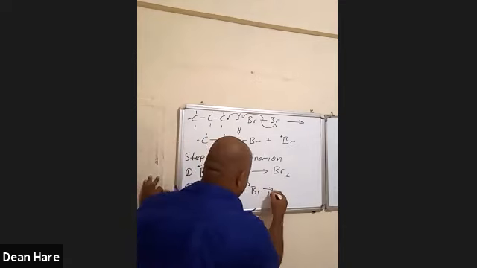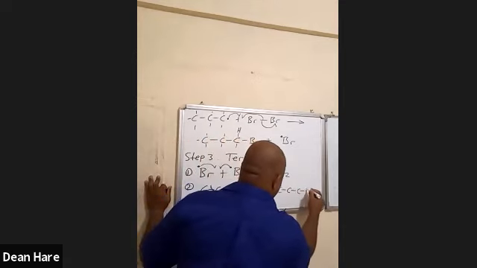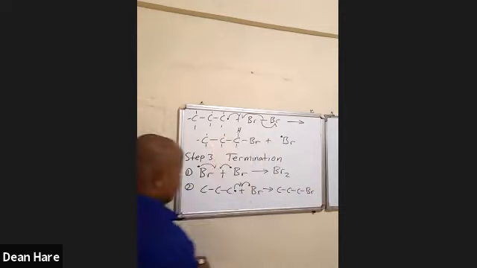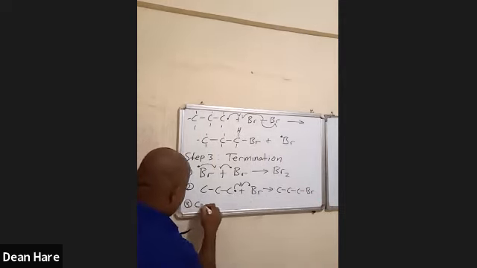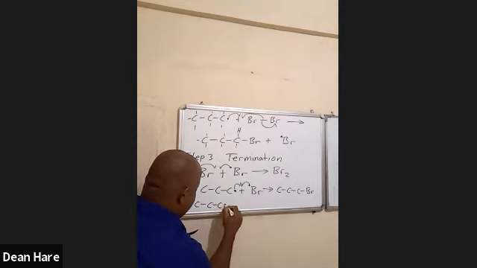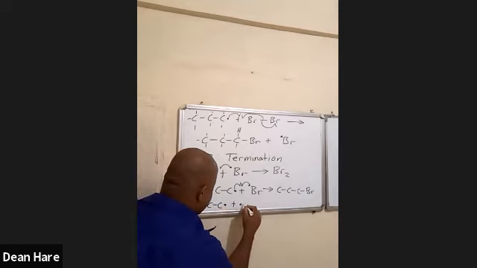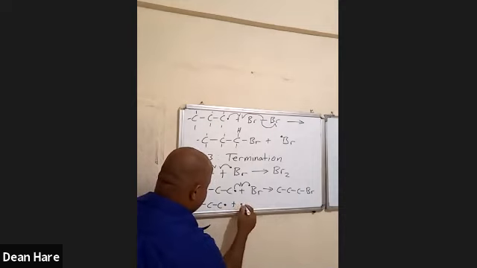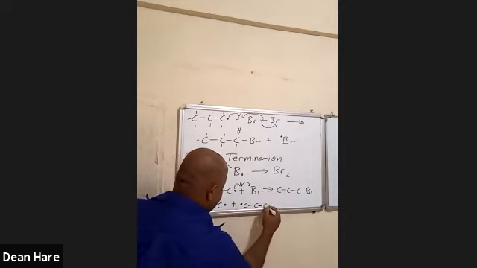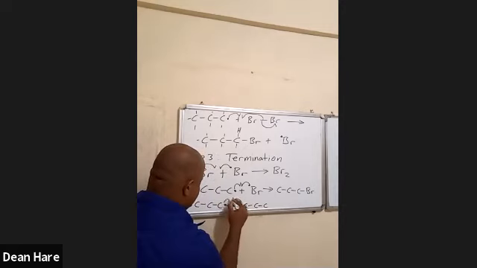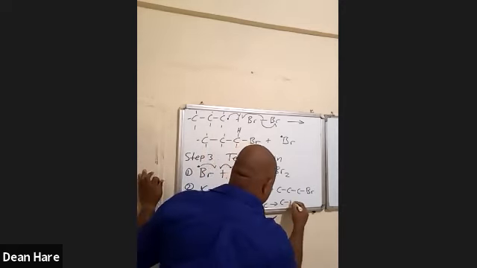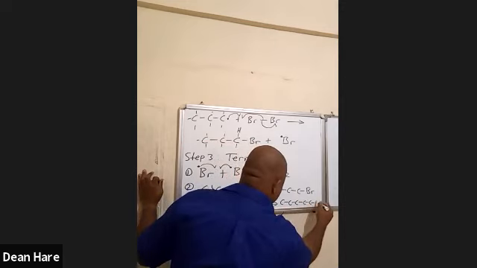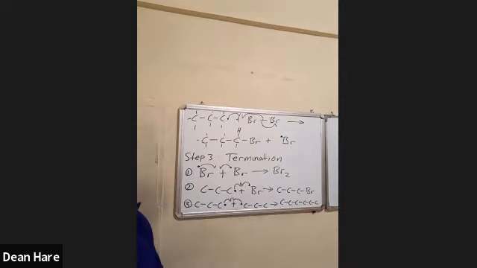You combine those and you get your haloalkane. And the next one can be 2 propyl radicals that you combine. 1, 2, 3. So if you combine those 2, you would get hexane. 1, 2, 3, 4, 5, 6. All right, and that is what happens in termination.